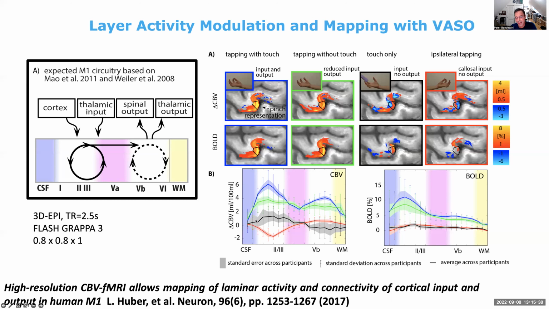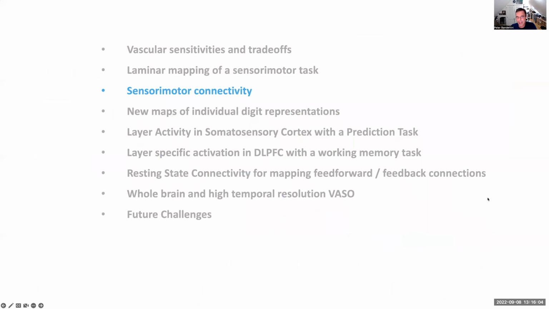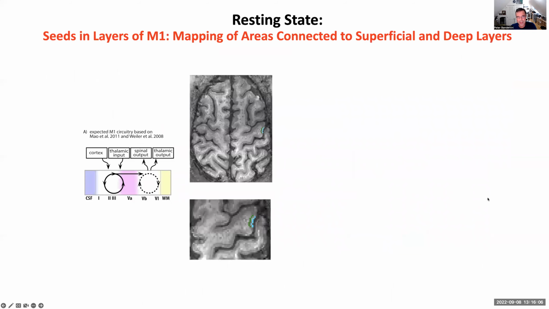You have a little bit of sensory right here, but if anything, it is inhibitory of the output. And then finally, if you did the ipsilateral side, it seems to inhibit the sensory inputs, or the cortical input, and there's very little output. And with BOLD effects, you can see this a little bit, but clearly it's weighted by the CSF effect. So really nice, clean results that help push the applications in the field.